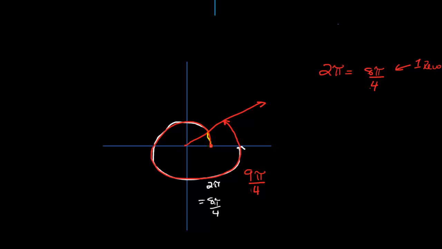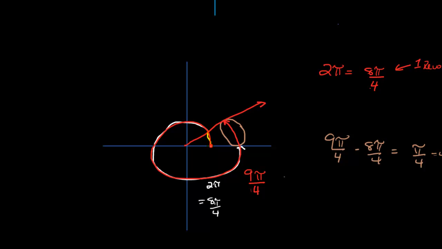So if I want to find this portion, the angle between the x-axis and my terminal ray, I take 9 pi over 4 and subtract 8 pi over 4, and that gives me pi over 4. I like working with pi over 4 because I always recognize that pi over 4 is equal to 45 degrees.